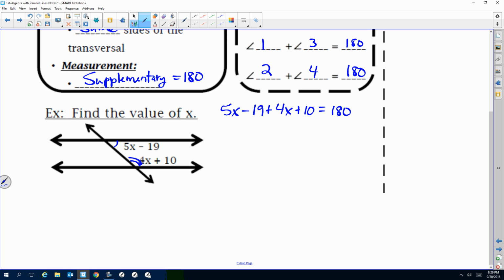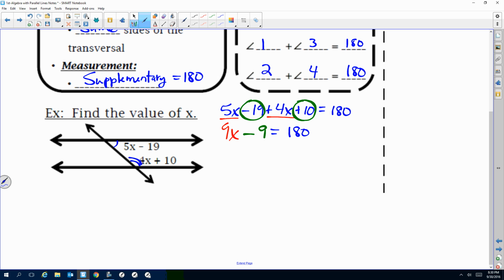And so in this equation, we're going to first have to combine our like terms. We got 5x and we got plus 4x, so that's going to give me a total of 9x. And then we also have minus 19 plus 10, which is going to leave me with minus 9. And so that is going to equal 180.